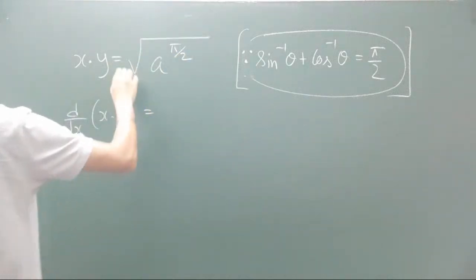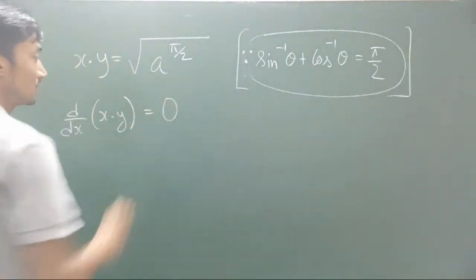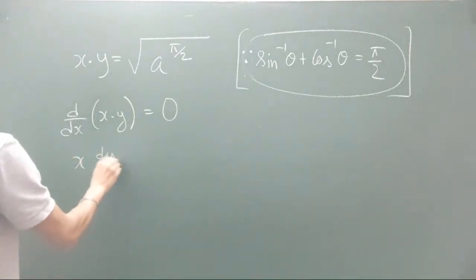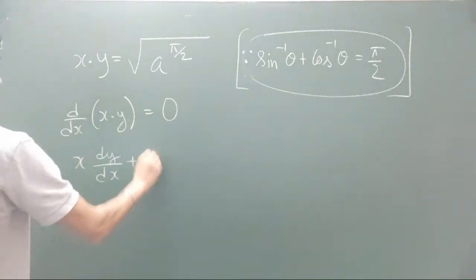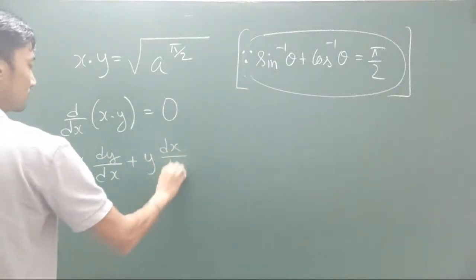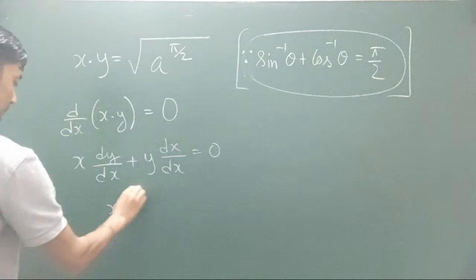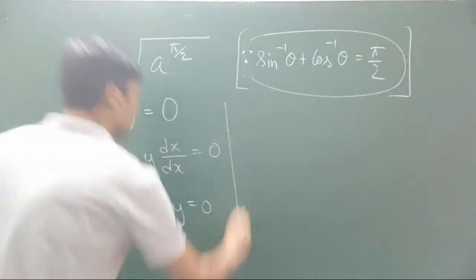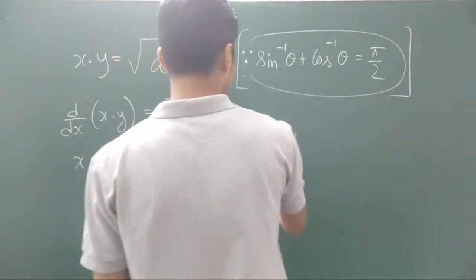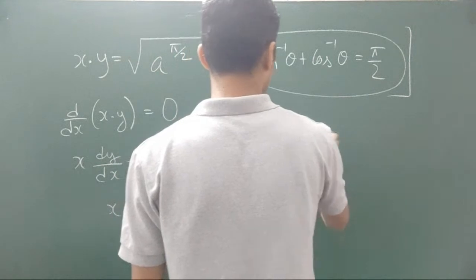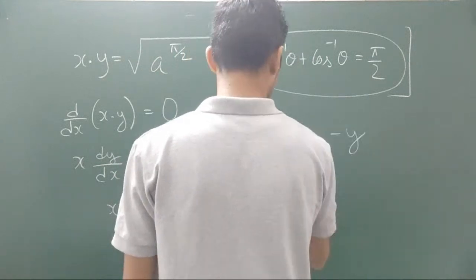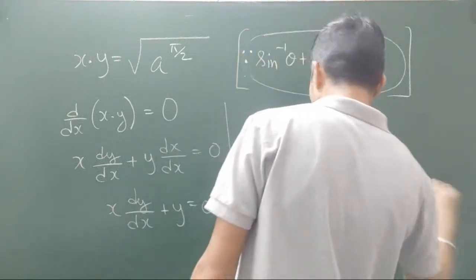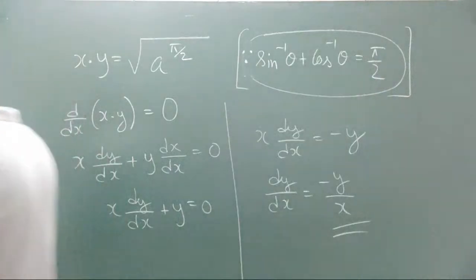Because this is a constant, no? Derivative of a constant is 0.